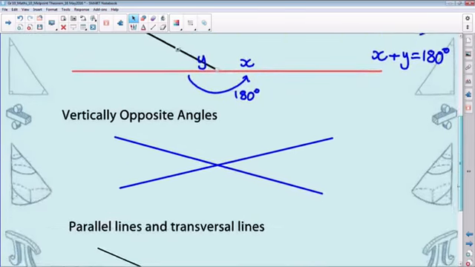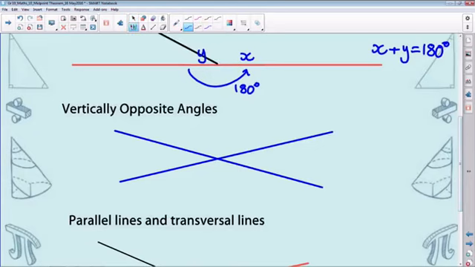Okay, then we have vertically opposite angles. And you'll remember from last week that if angles are vertically opposite to each other, whoopsie, I meant to make that y, x, they are equal to each other. So the reason we give here is vert op and then the sign for angles.